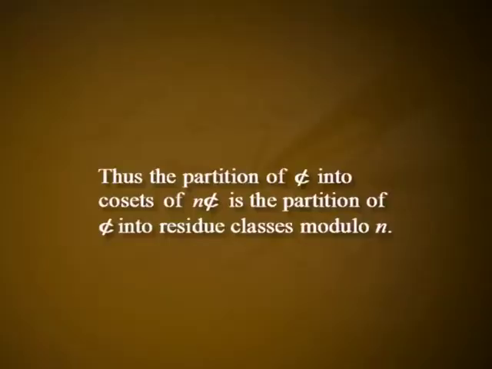Thus, the partition of Z into cosets of nZ is the partition of Z into residue classes modulo n. For that reason, we often refer to the cells of this partition as cosets modulo nZ. For an abelian group, we do not have to specify left or right cosets since they are the same. The case of n equal to 5 is shown in figure 4.